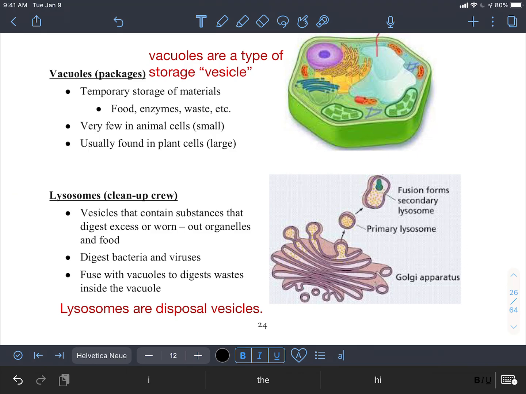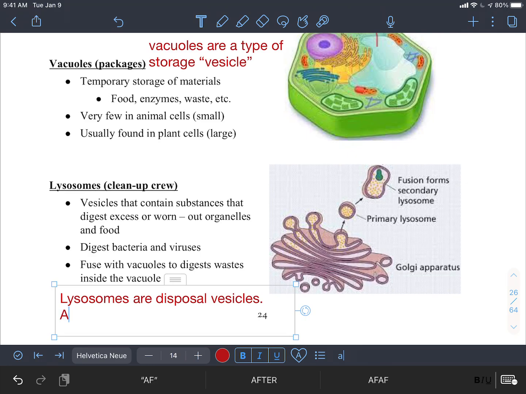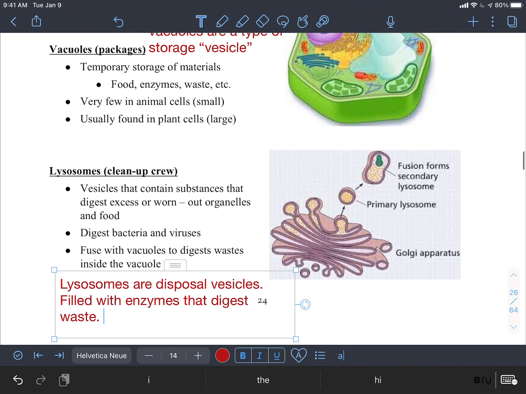So they can fuse with other vacuoles to digest the waste inside of a vacuole. They are filled with all sorts of enzymes that digest waste. So that's their main thing.